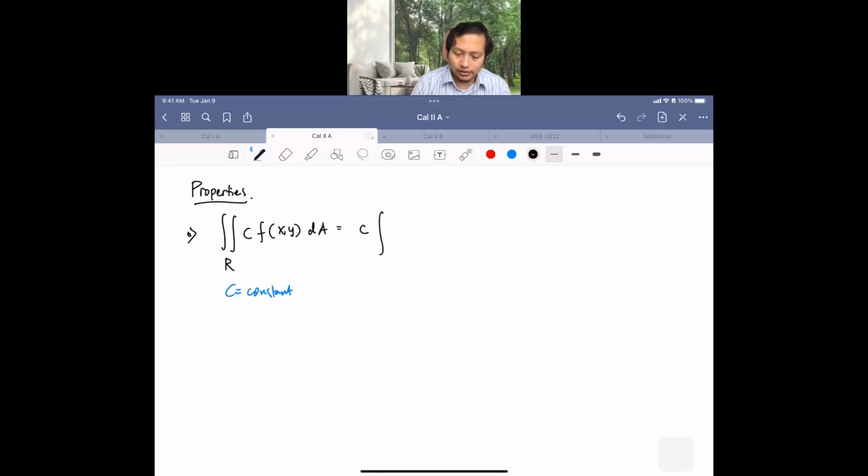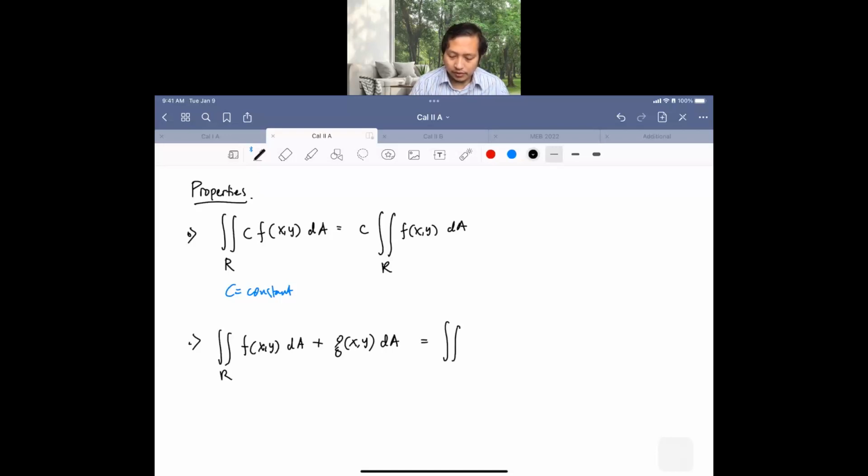And as usual, we can factor out C. And if you have addition inside the double integral, you can separate these integrals. Okay, and if you have subtraction, it is also the same.